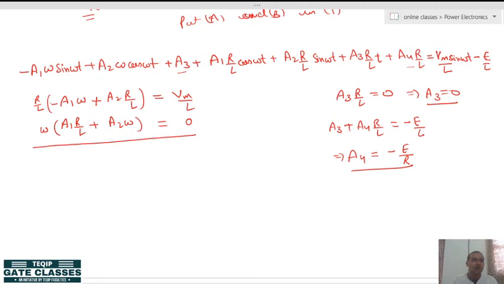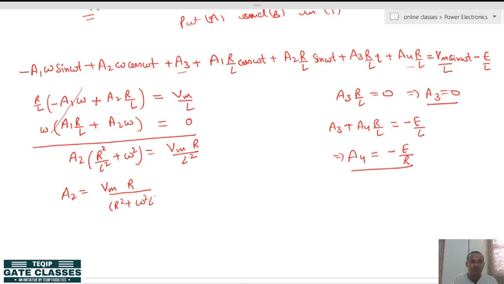So when we add the equations after multiplication, this term will cancel out, and what we will get here? a2 common, r square by L square plus omega square is equal to Vm into r by L square. So when you solve it, we will get a2 is equal to Vm r divided by r square plus omega square L square.